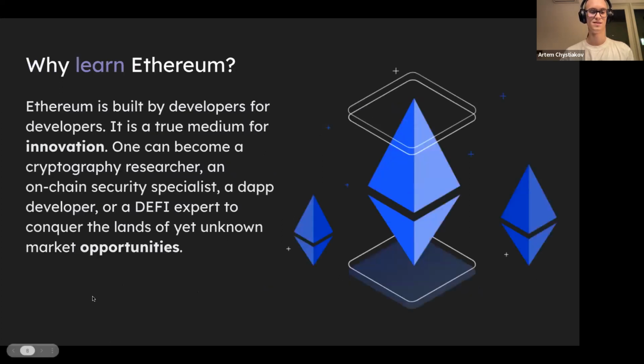And why learn Ethereum? So first of all, Ethereum is an innovation. You can imagine a protocol how you want. You can build a protocol how you want. It is completely open for new stuff. You can become a cryptography researcher, which Ethereum is highly dependent on.